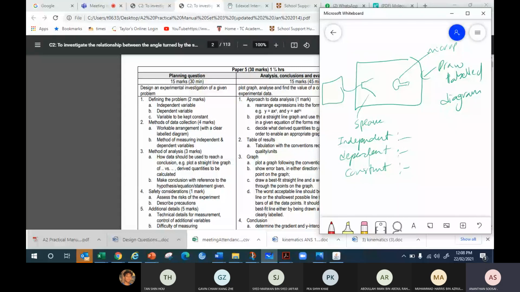In this experiment, maybe the independent variable is the pressure, the dependent variable is the speed of sound, and the variable to keep constant may be the frequency of the sound. So you have to identify what is independent, what is dependent, and what is kept constant.